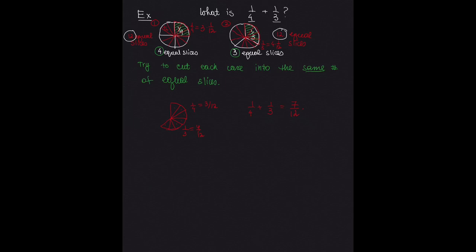So it turns out that number 12 has both 3 and 4 as a factor.